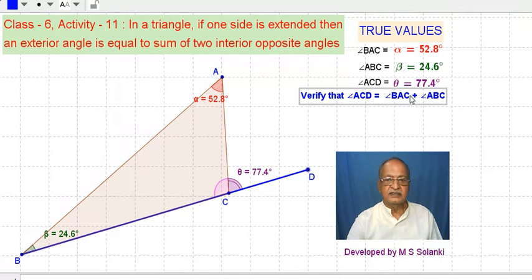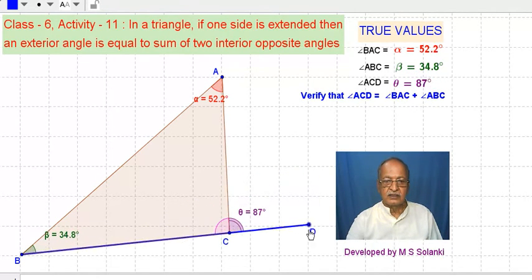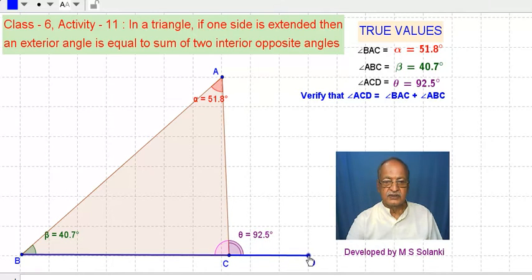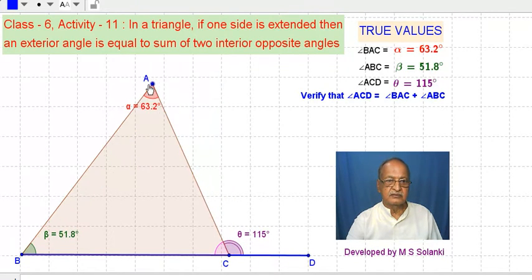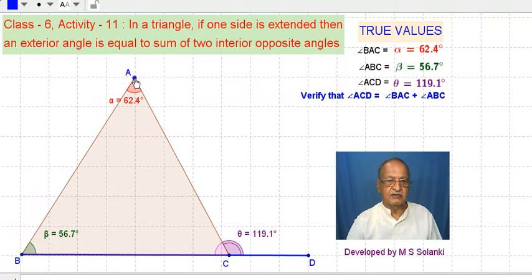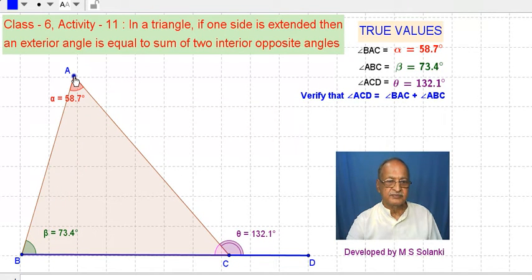This angle BAC is this, and ABC is this green one, and this magenta is the sum of these two, and here it is denoted by this angle. Now let us see why we are always getting these values the same. The sum of the two interior angles is equal to the exterior angle.